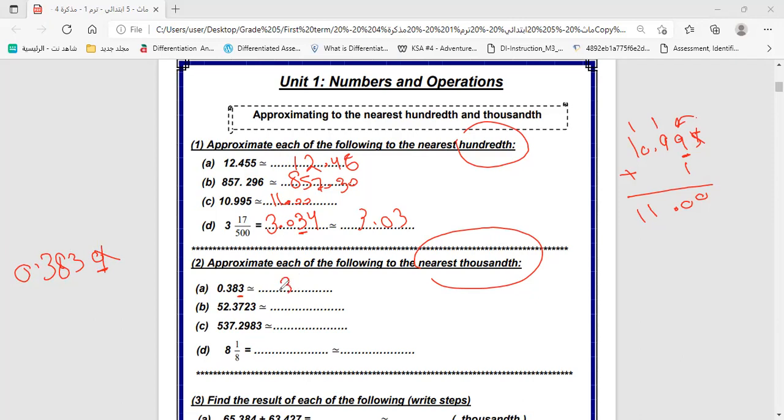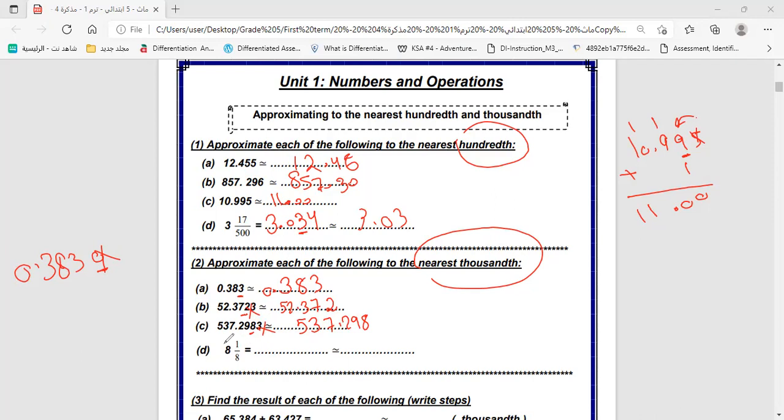So our approximated value is the same number as it is. Okay, here. Tenth, hundredth, thousandth is the 2. Beside it, 3. 3 is weak, so it will be kept as it is, and we will cross the 3. Here, tenth, hundredth, thousandth. Thousandth is the 8. Beside it, we have 3. 3 is a weak one, so my number will be kept as it is, and cross the 3.